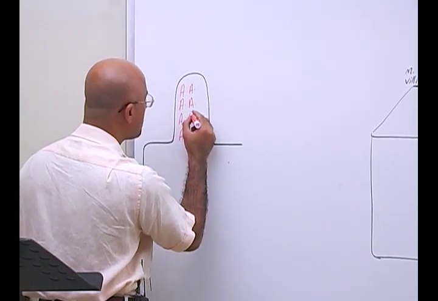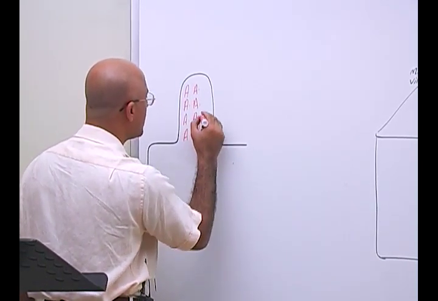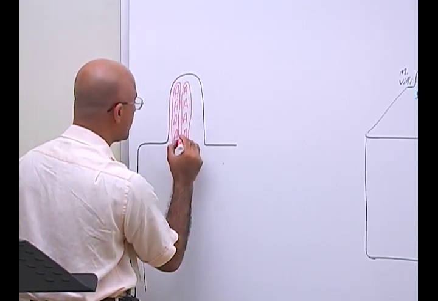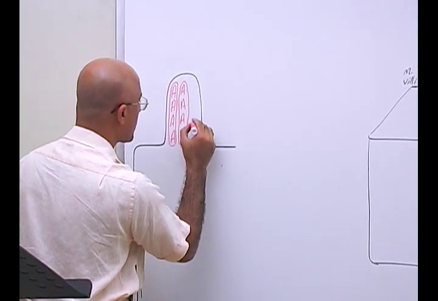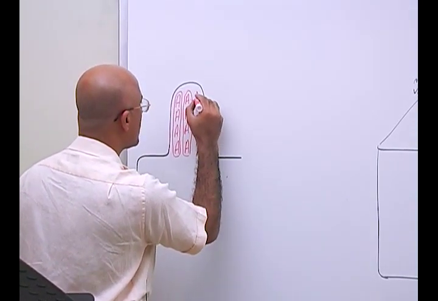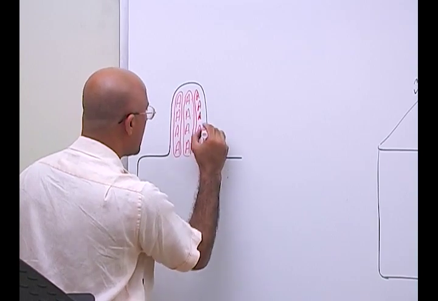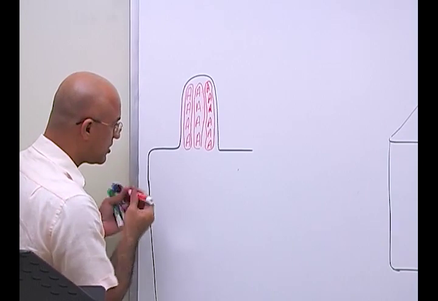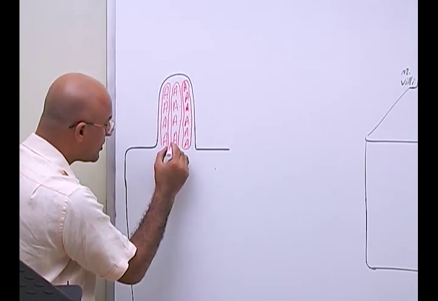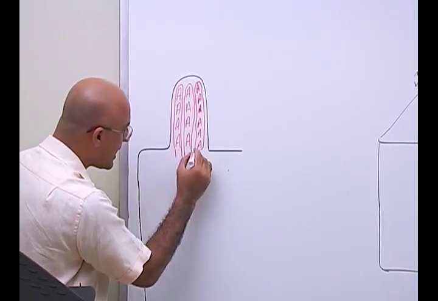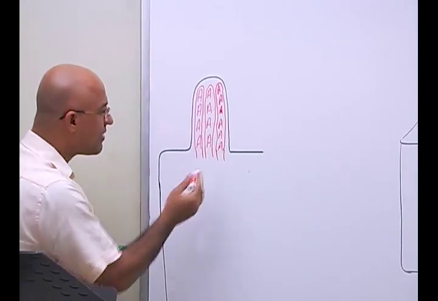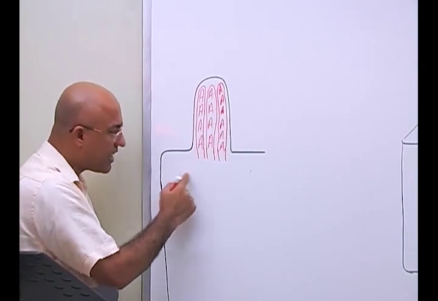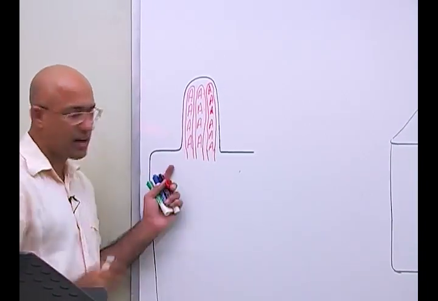So the core of microvilli is made of which type of protein rods? Yes, actin. And of course, as these actins go down, they get fixated, inserted or attached with a network of actin inside the cell, under the cell membrane.